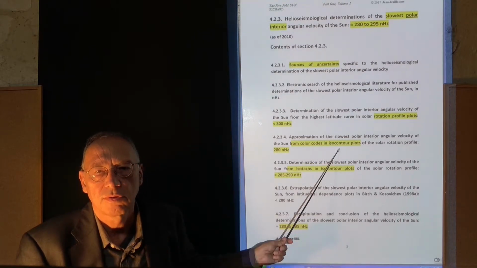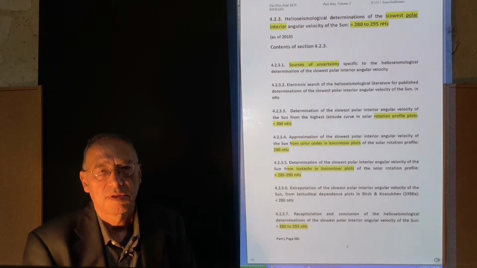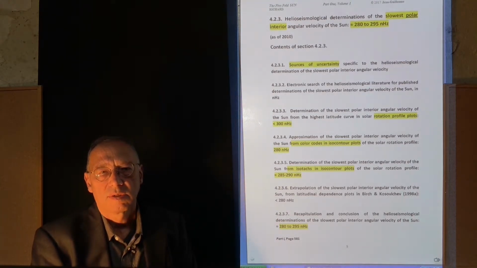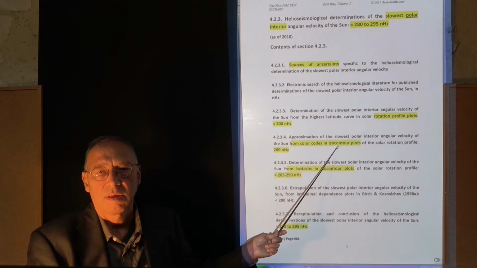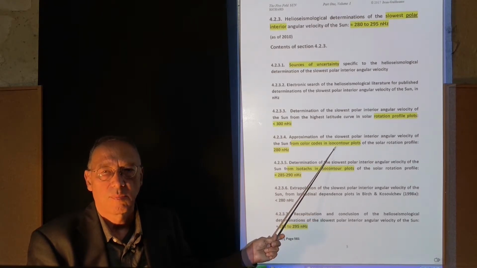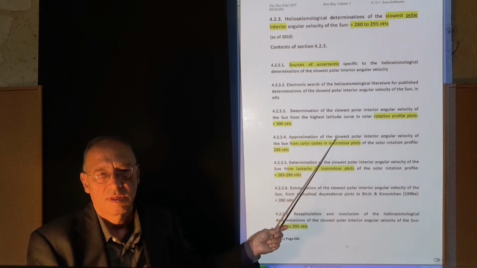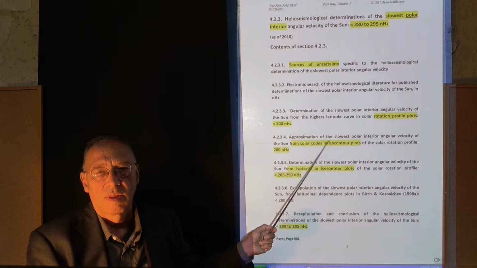If we now turn to another tool of display of helioseismological results as to angular velocity in the Sun, these are in the so-called isocontour plots. These are contours of equal velocity inside the solar ball.